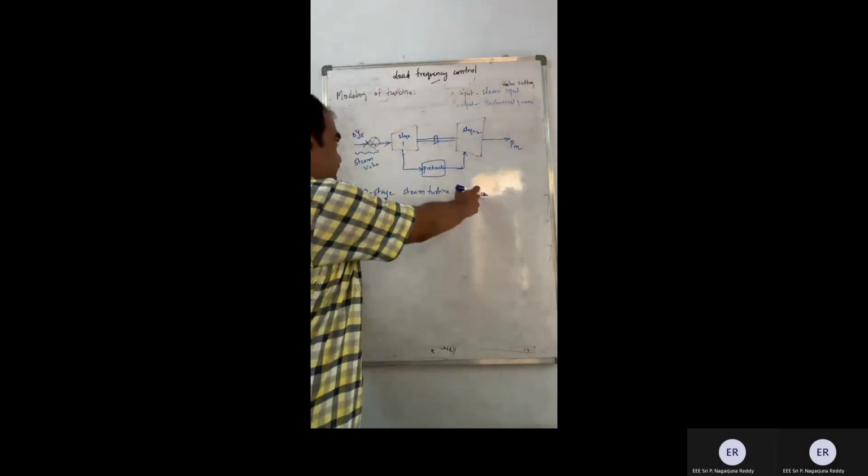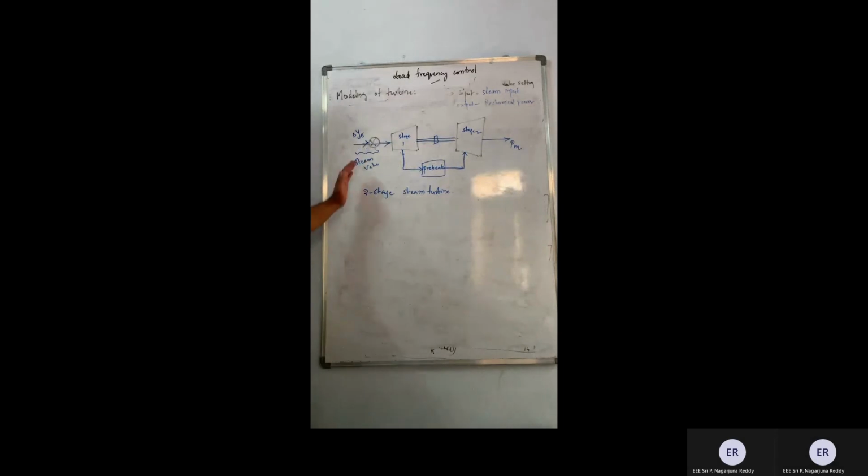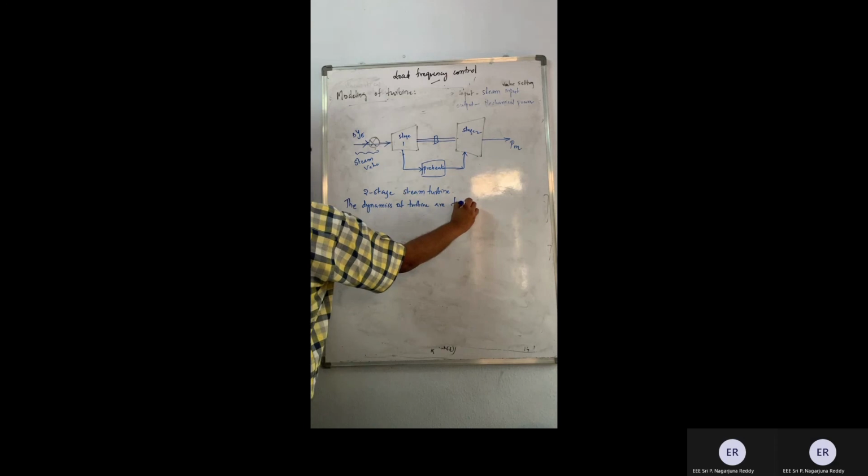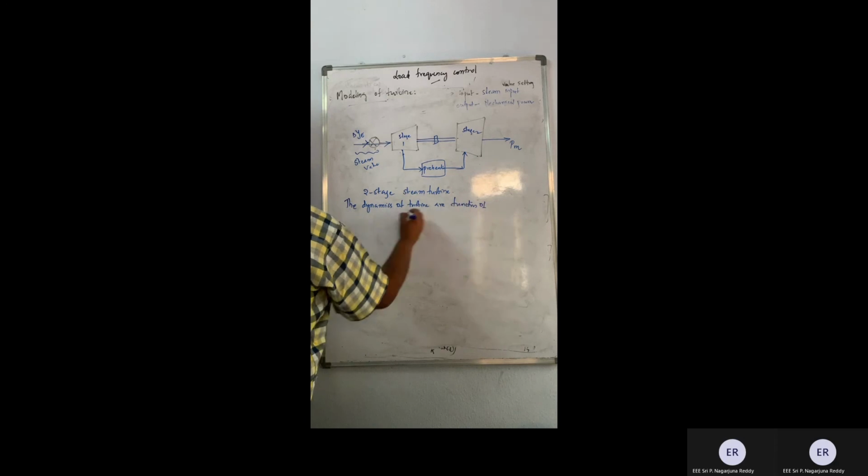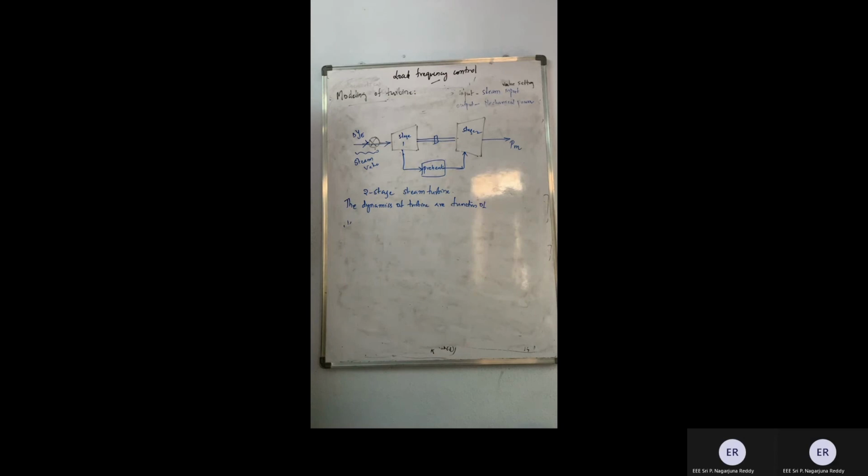So on a whole, if you see this turbine, the dynamics, how it responds, are a function of two things primarily. The first thing is the steam between the inlet steam valve and the first stage of the turbine.